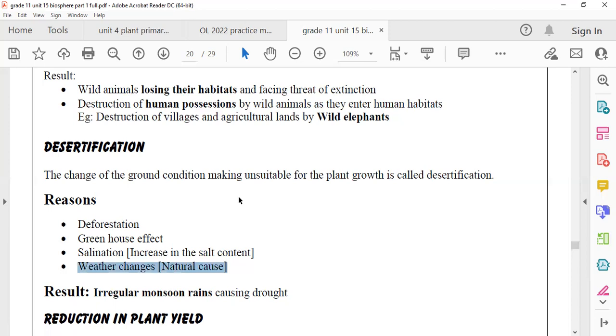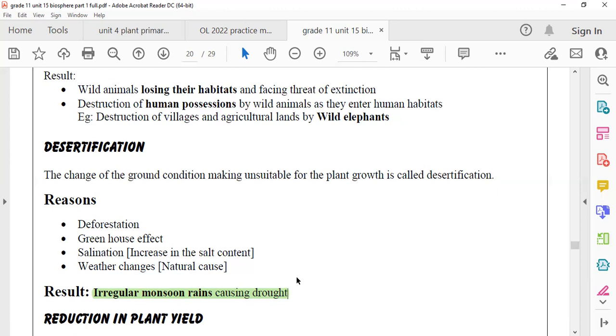So due to this, what is happening? Irregular monsoon rains. Because of irregular monsoon rains, no proper rain is received. Because no proper rain is received, there is drought and power cuts, 7.5 hour power cut, 10 hour power cut, 14 hour power cut, these things.